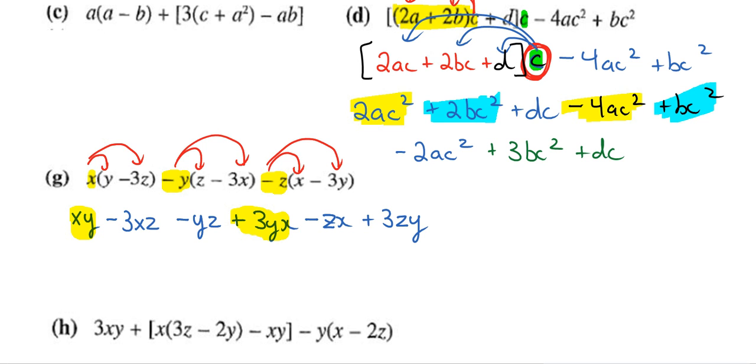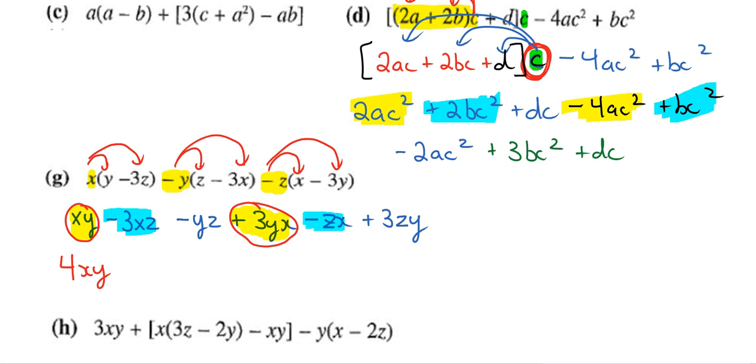So I have one xy here and I have 3 xy's there. If I add those together, that's going to give me a 4xy. And now if I have a negative 3xz there and a negative xz over here, that's going to give me, well, what's negative 3 minus 1?